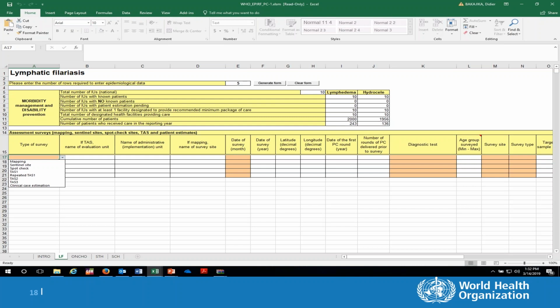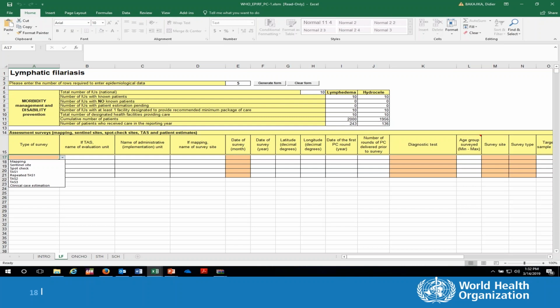At the last, we have clinical case estimation. So for example, if this year you didn't do any TAS, but you have collected data on patient clinical estimation, you can put it. But if you have also done TAS, you can start by putting the data on TAS.